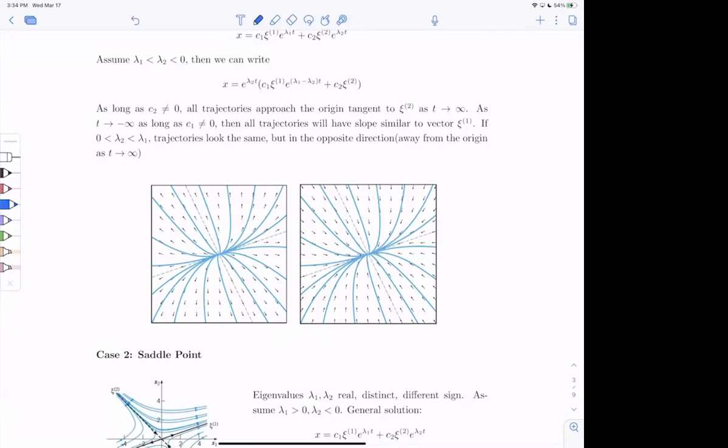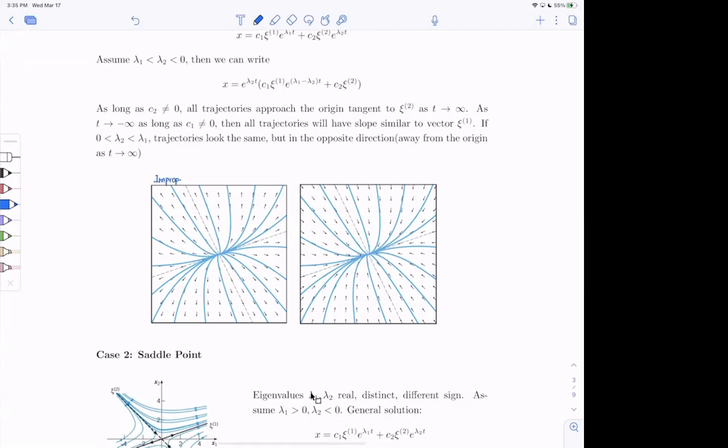So this one is the full name, I think it's improper nodal source and improper nodal sink. So let's write it down.